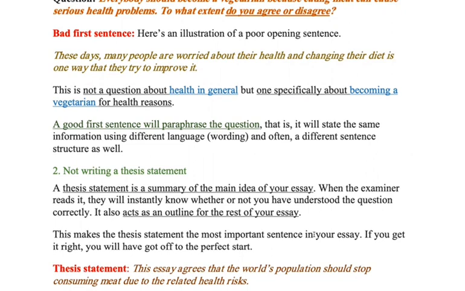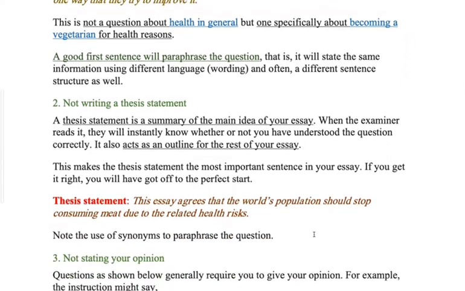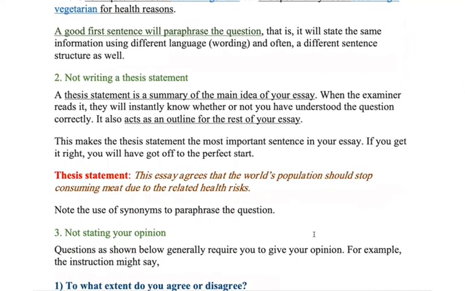A thesis statement can go at the end of your introduction paragraph, okay? It might be 1 sentence or 2 sentences.